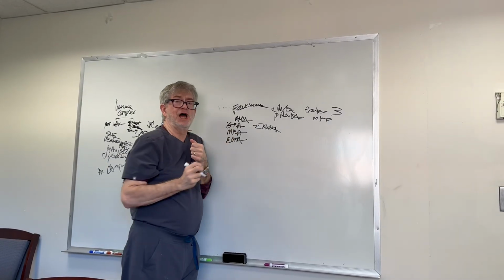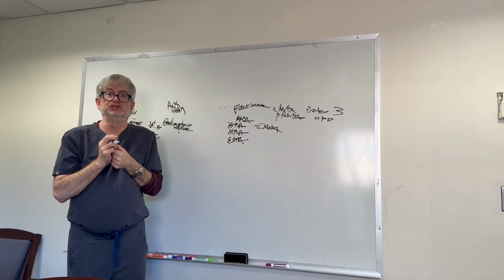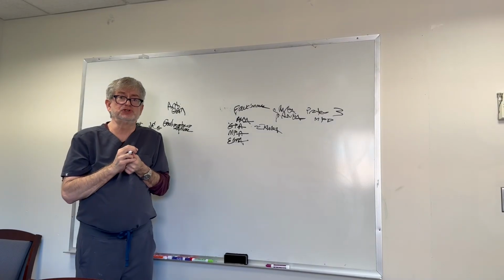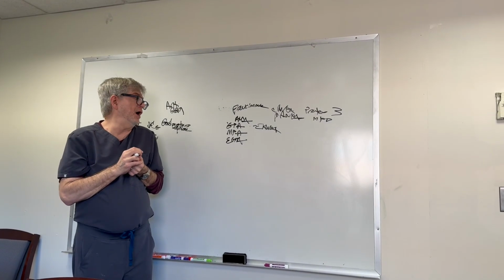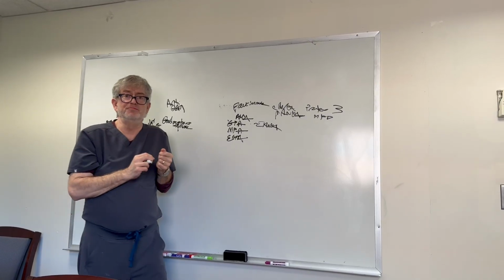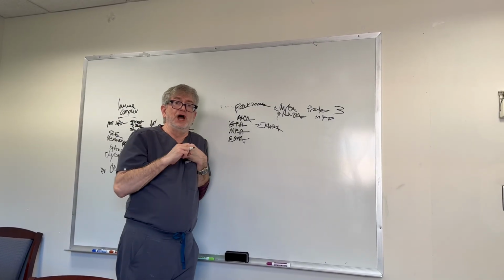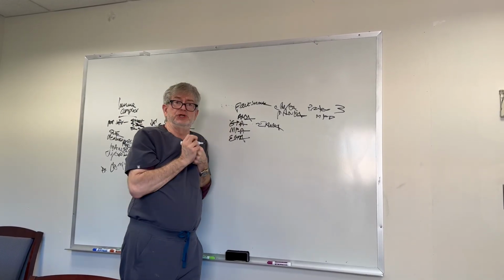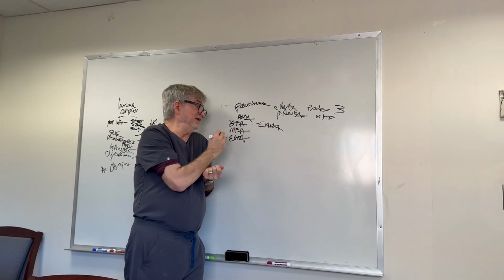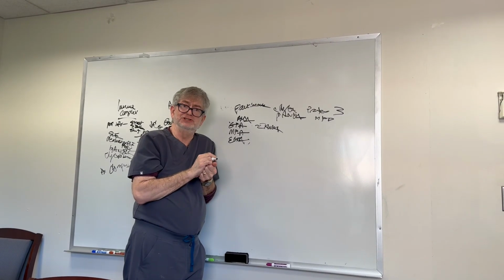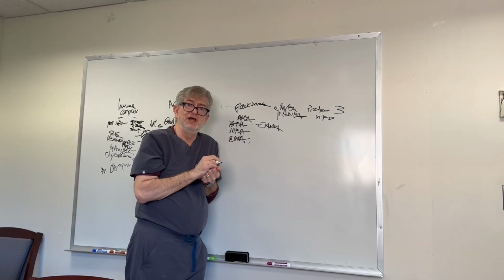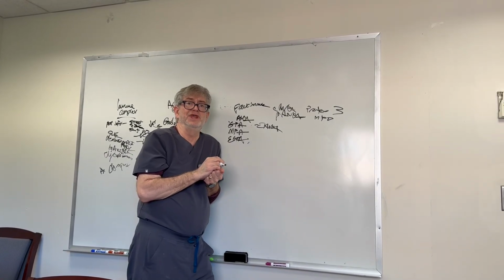Microscopic polyangiitis, its cousin, just involves the kidneys and the lungs. You don't have upper airways involvement, and you don't have granulomas or nodules in the lungs like you can see with GPA. And EGPA is different flavors, but it's classically an eosinophilic vasculitis, and it's associated with asthma.